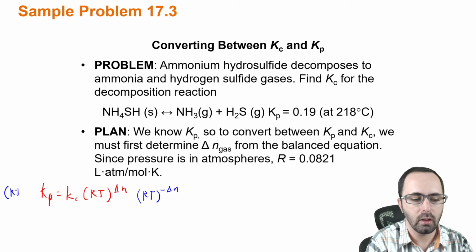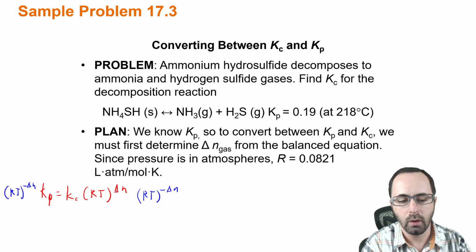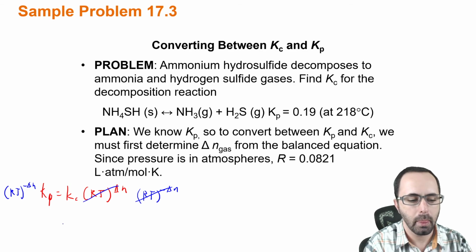Multiply by RT to the negative delta n power. This means the same as dividing by RT to the delta n. So delta n minus delta n is 0. These go away. And so we get that Kc equals Kp times RT to the negative delta n.